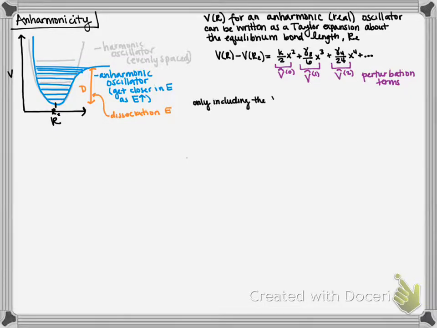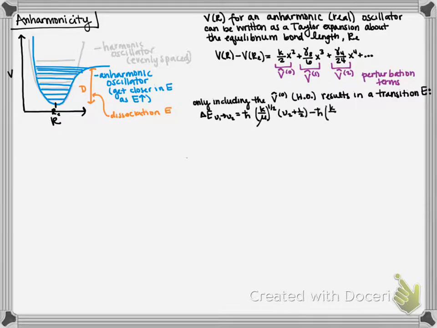If we only include the 0th order term, so no perturbation, we're thinking about a pure harmonic oscillator, we get a transition energy of delta E, representing the change in energy as you go from quantum number nu1 to quantum number nu2, as h bar, the square root of k over mu, where mu is that reduced mass, v2 plus 1/2, minus h bar, square root of k over mu, v1 plus 1/2.